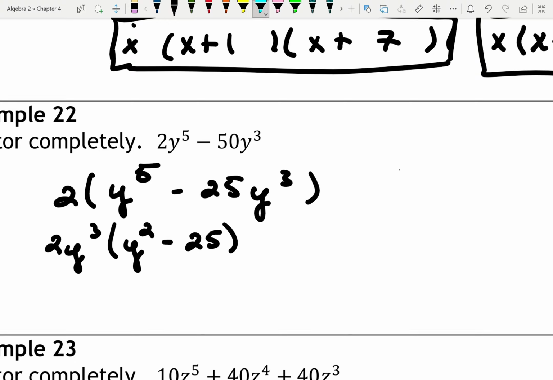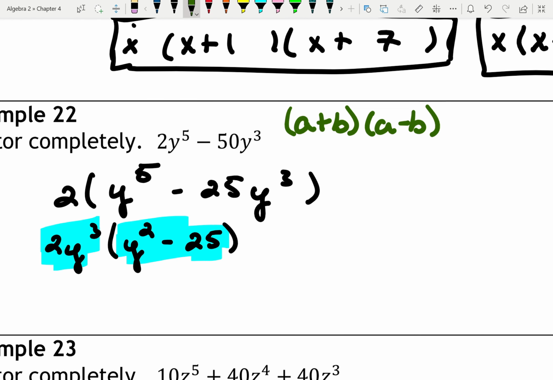Now, the 2y cubed hanging out front, that is factored fully. But the y squared minus 25, that is a difference of two squares. And there's a formula that we might remember, might not. If we have a plus b times a minus b, and you multiply those, it'll be a squared minus b squared.